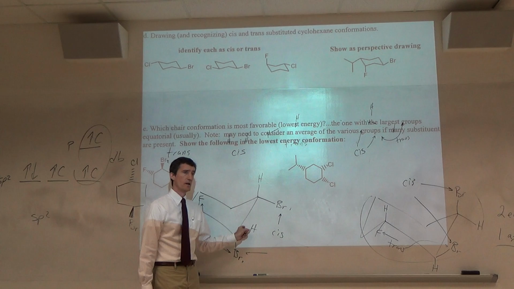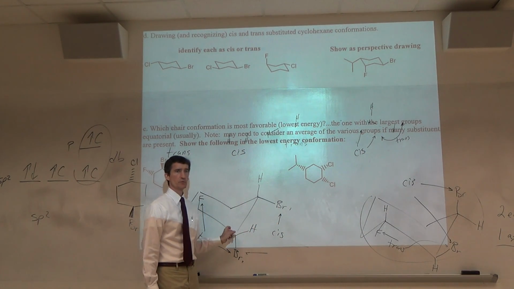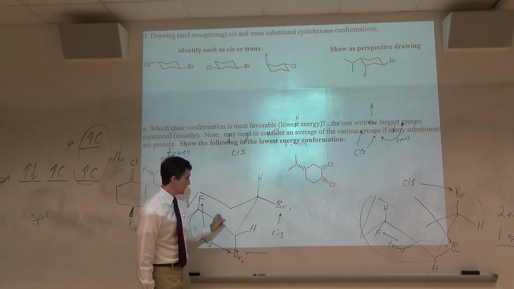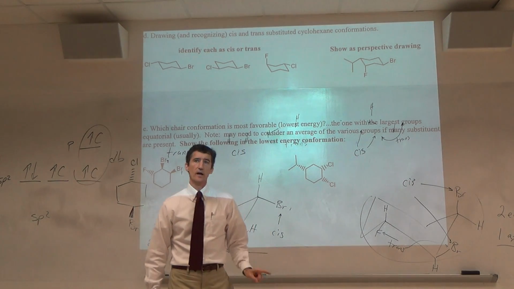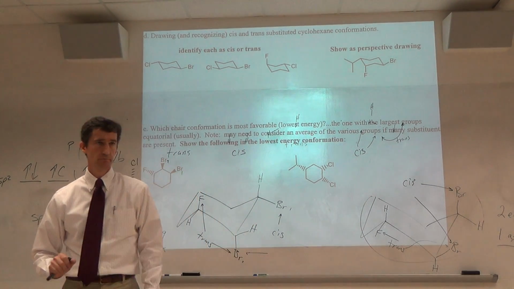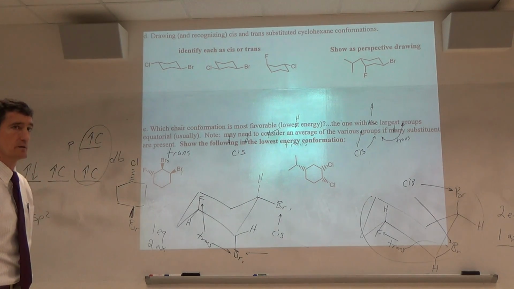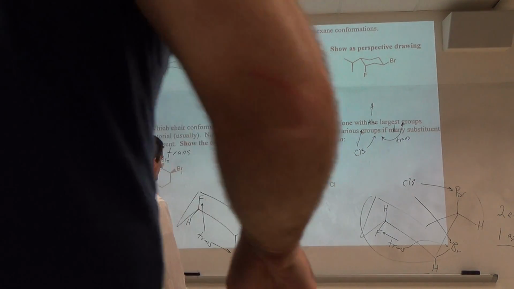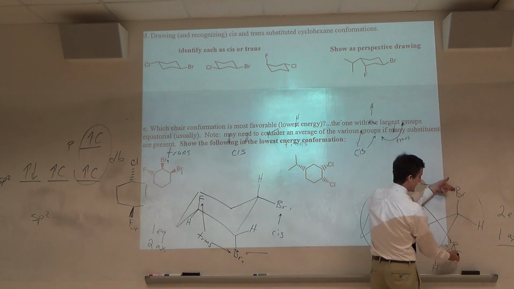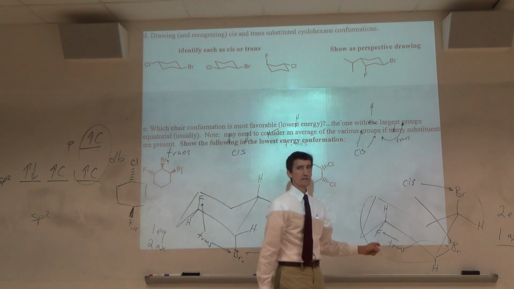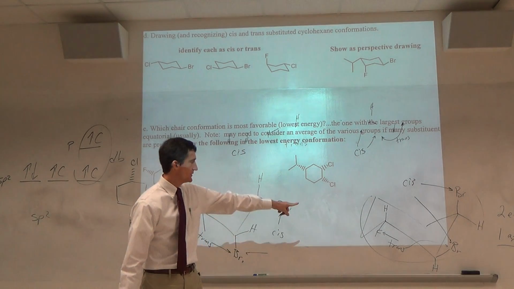In this one, in both, the largest groups are equatorial. Bromine is a larger group, it's equatorial, you've got an equatorial. You can't have both equatorial. So that becomes a wash. It's essentially the same in both. So you let the fluorine decide. You'd rather have it equatorial.